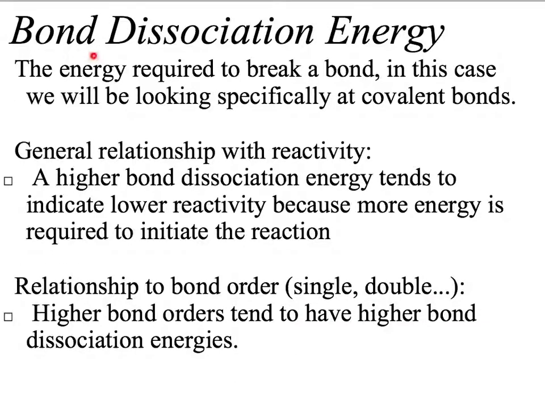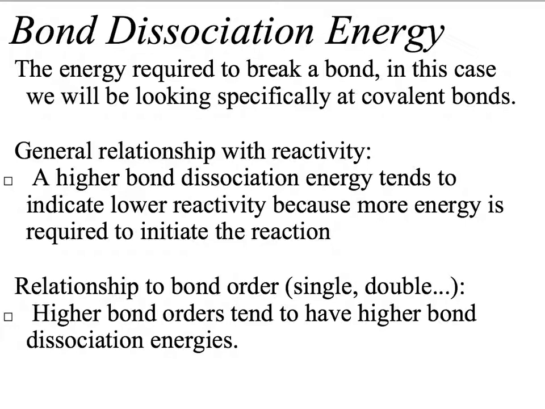All right, so bond dissociation energy: dissociate, think of it as the opposite of associated with something. So if we apply that to bond energy, then it is the energy required to break a bond. In this case, we'll be looking specifically at covalent bonds. So the general relationship with reactivity: a higher bond dissociation energy tends to indicate lower reactivity because more energy is required to initiate the reaction.